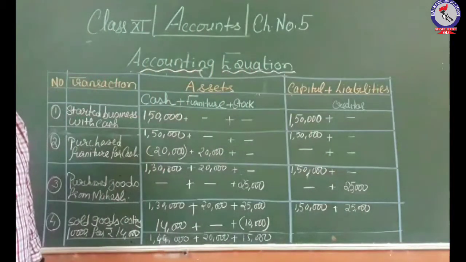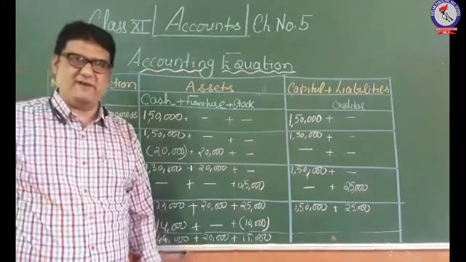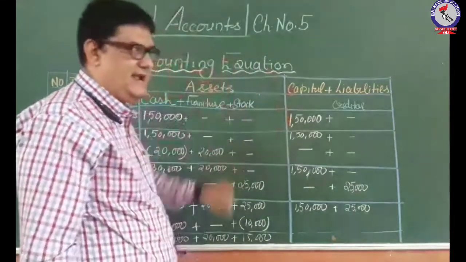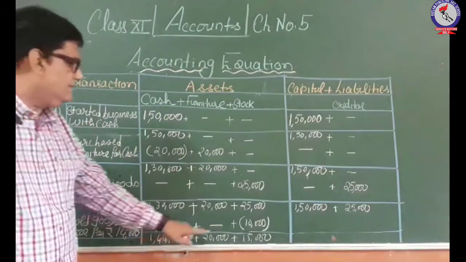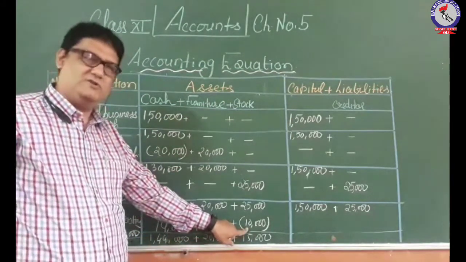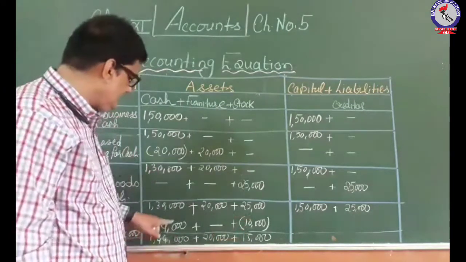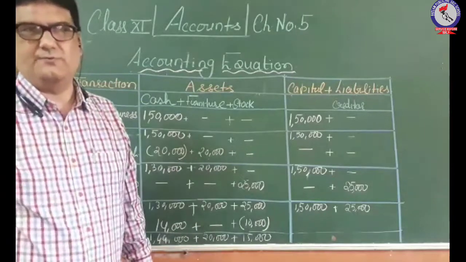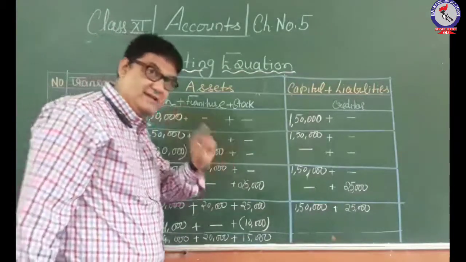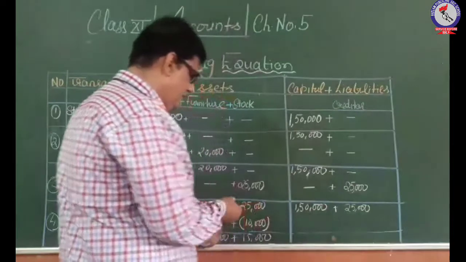So how we have to show this effect on this liability side? So this is shown by this thing that the cost of the goods was 10,000, selling price was 14,000. So you have earned 4,000 rupees. So that 4,000 rupees is your profit on the sale of goods.